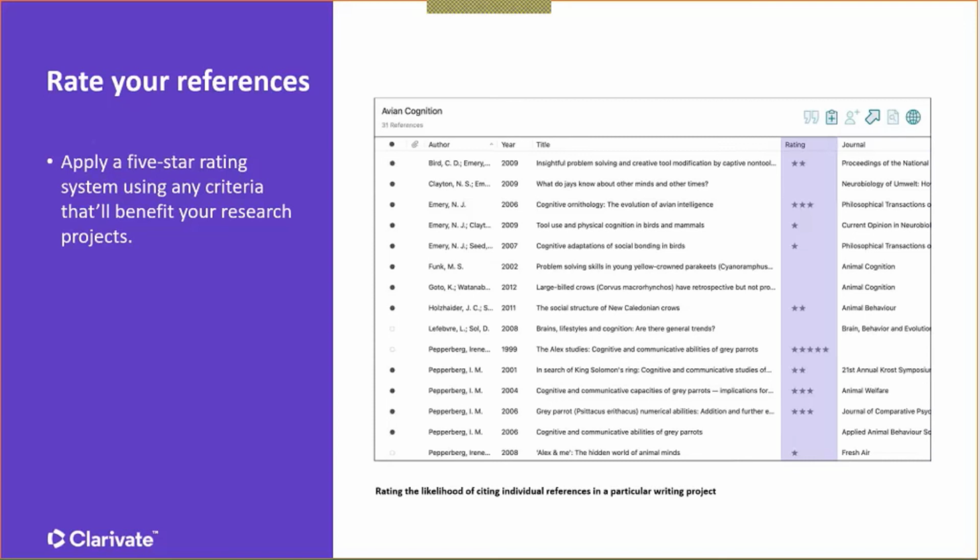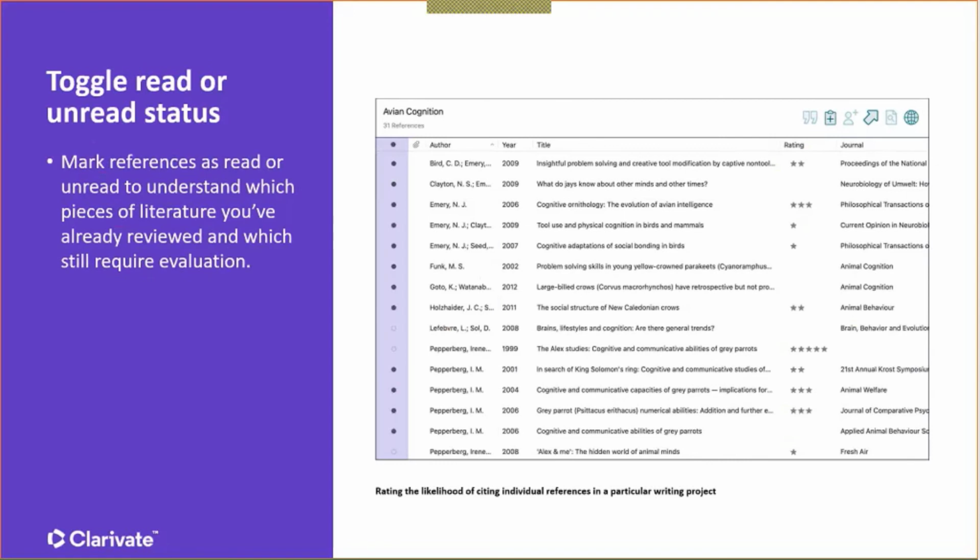I guess you could also use it for things like the trustworthiness of the particular journal that article is found in. Really any criteria that would benefit whatever research project you're developing. You've got the ability to not only configure that rating, but you can display it as one of your display columns on your EndNote library window.